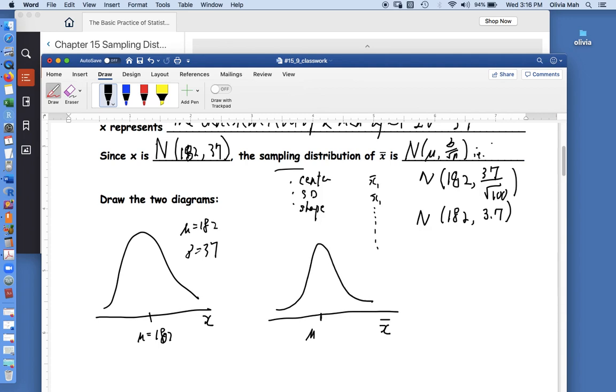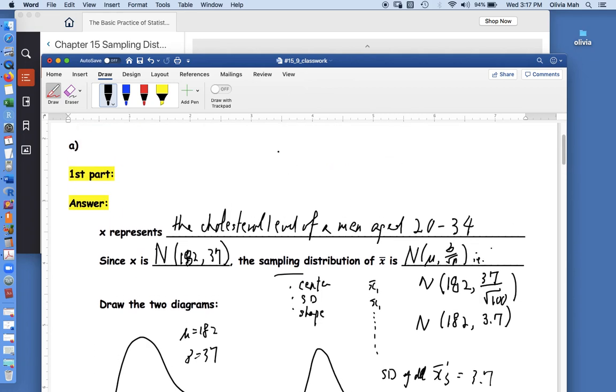The middle part is still mu, 182. So the center of both diagrams is located at 182, but the standard deviation of all sample means is now 3.7. Make sure you label the two diagrams: this is X bar, this is X. So this is how you do the first part of subpart A.